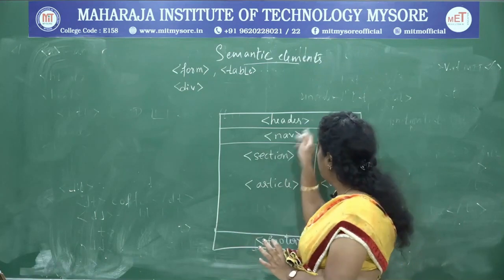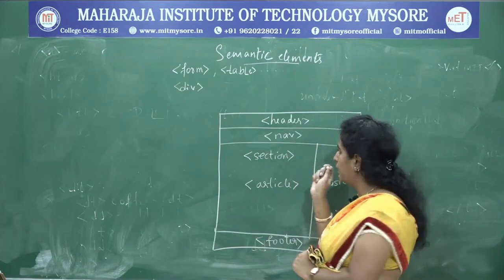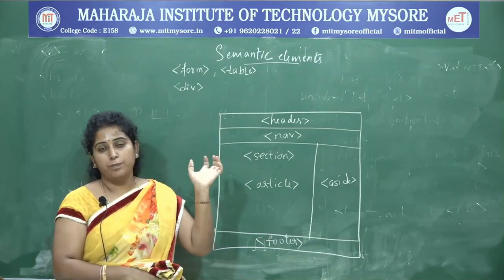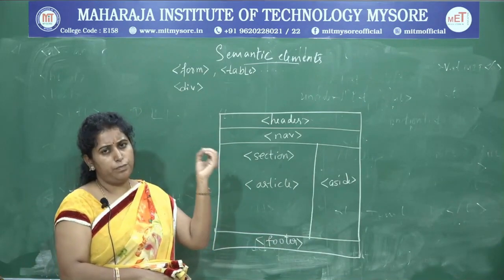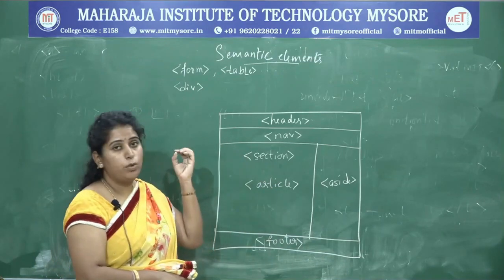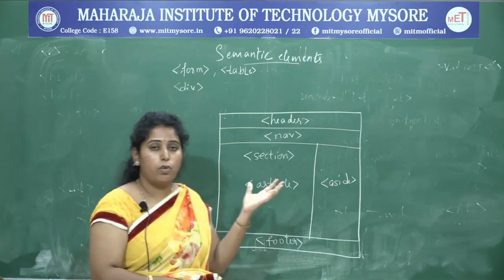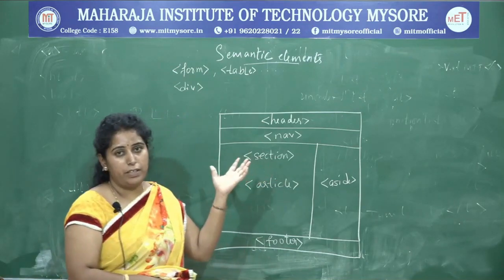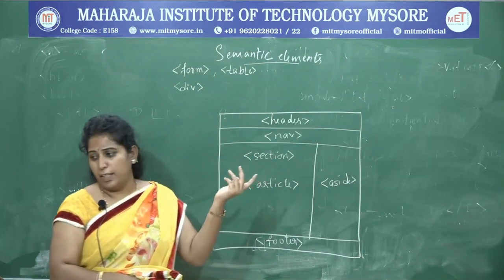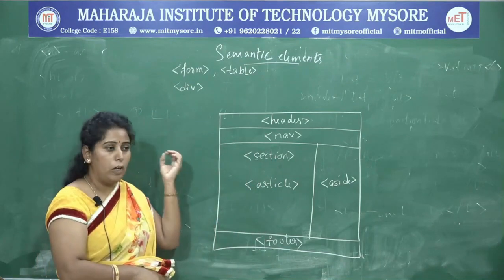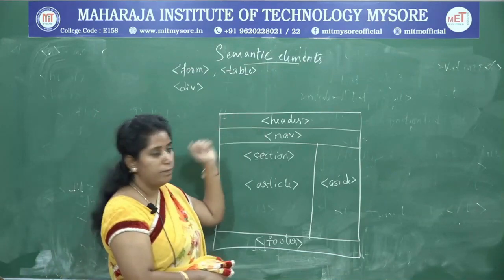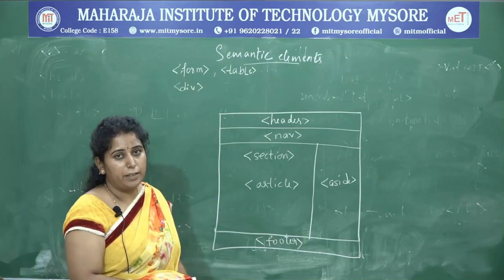If in a header you wish to print some introduction part, or you want to add one or more headings, that can be given there. You want to print some logo information, that can be given there, and also if you want to print some authorship information, same thing can be given inside the header part.